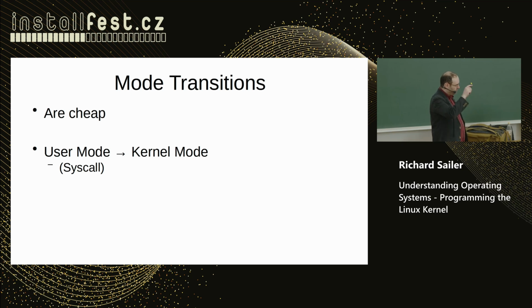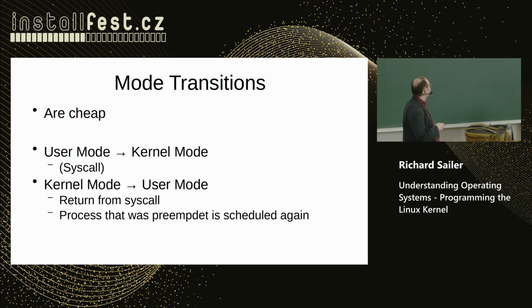If you just go once to kernel mode and back, that's usually quick. The expensive stuff is if you copy data and if you switch to another process. So the context switches are the very expensive things, just the mode transitions are okay-ish.